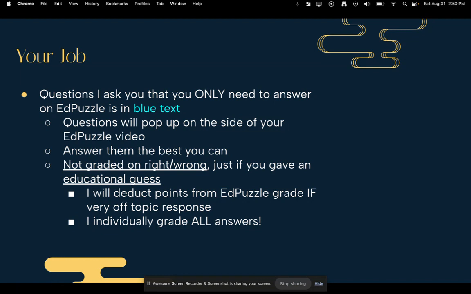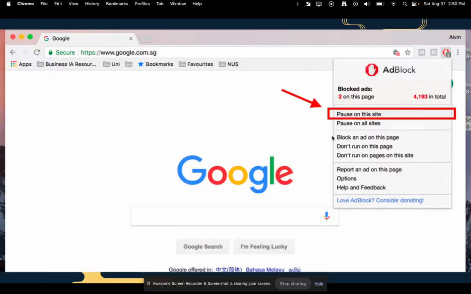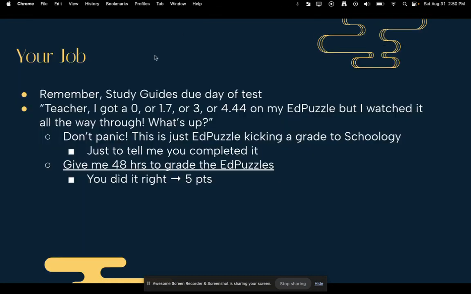I will also deduct points from your Edpuzzle grade if you give a very off-topic response. And again, I look at every single answer you give on Edpuzzle. I look at everything you write. So if your Edpuzzle is not pausing and popping up anything throughout this video, when you see those blue questions, make sure your ad blocker is turned off.